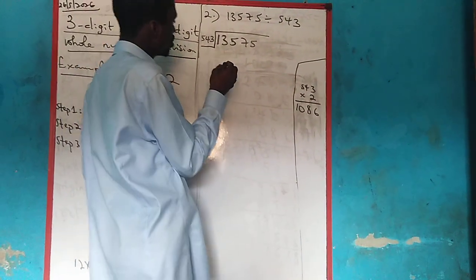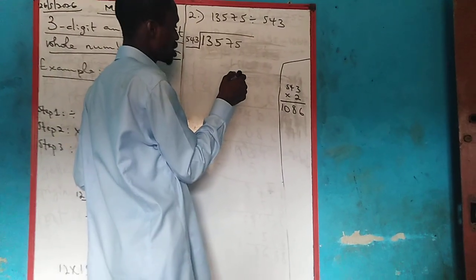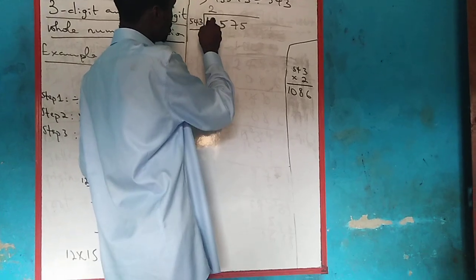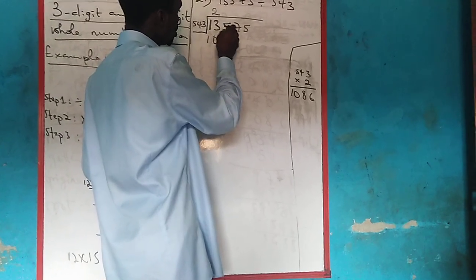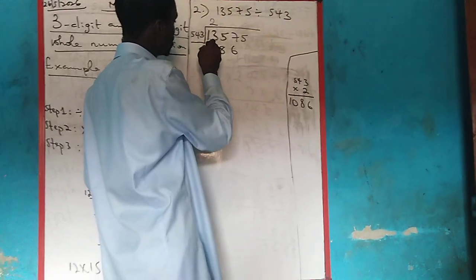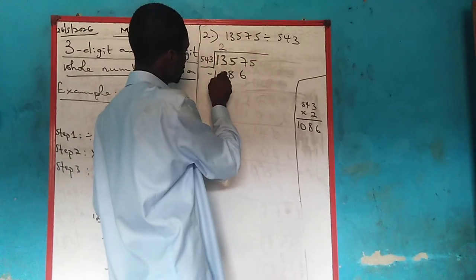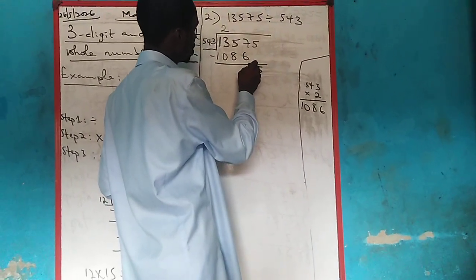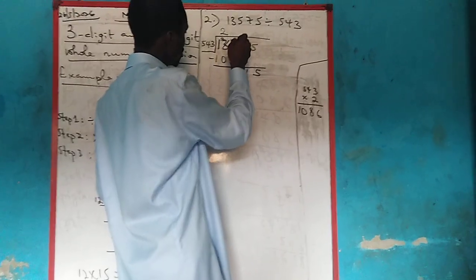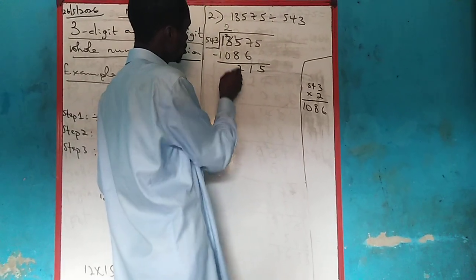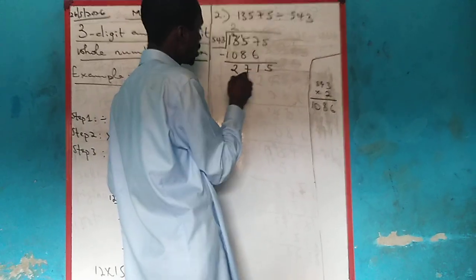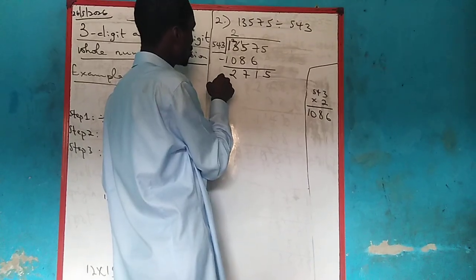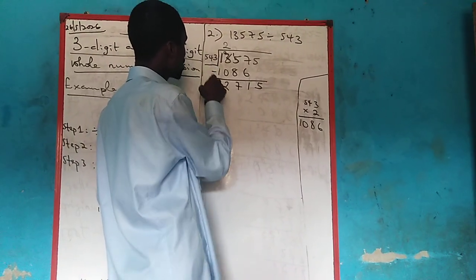This into this will go twice, is that not true? Yes. 2 times this will give me 1,086. Subtract. Here's 5, here's 1, here's 2, here's 7. Now true? Yes. So now 543 into this.